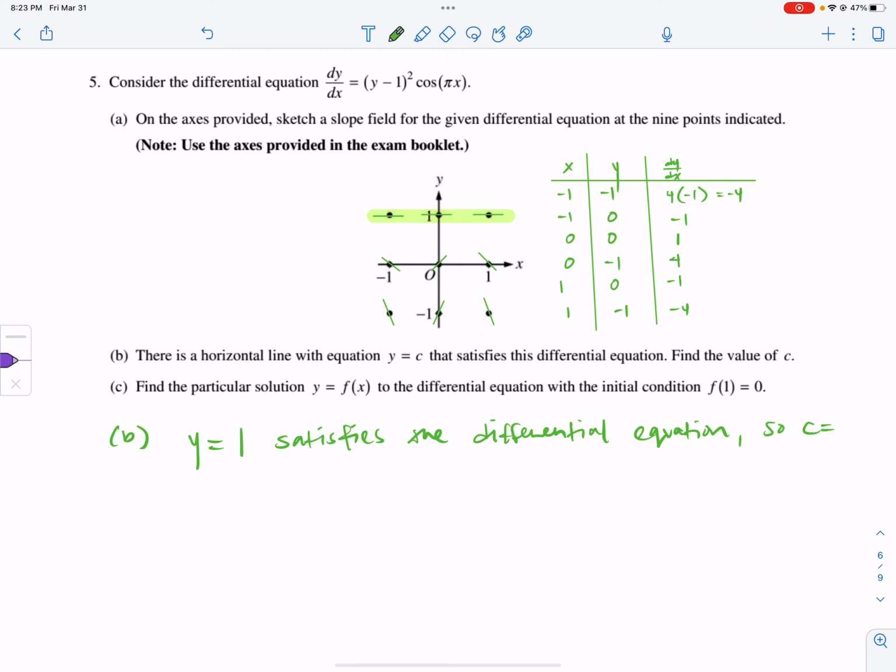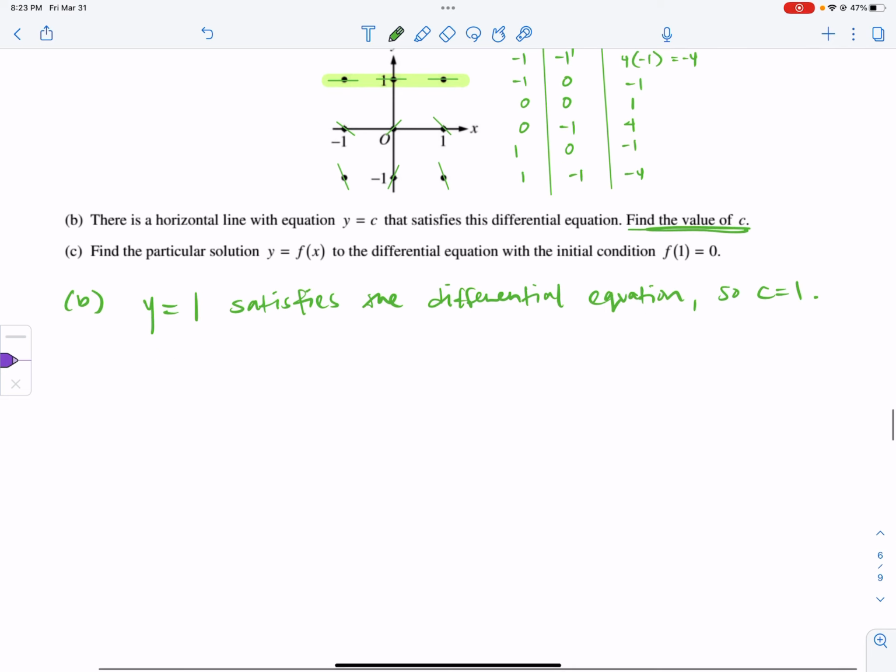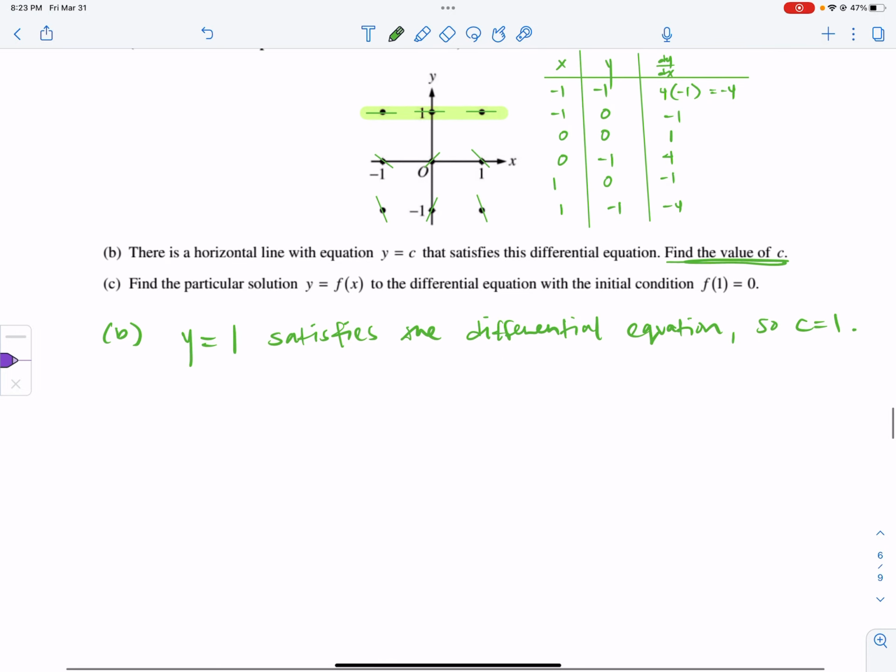So c is equal to 1, because it says find the value of c. It doesn't say that we have to do anything else, but we're able to see that that would be a horizontal line in the graph, or in our slope field.